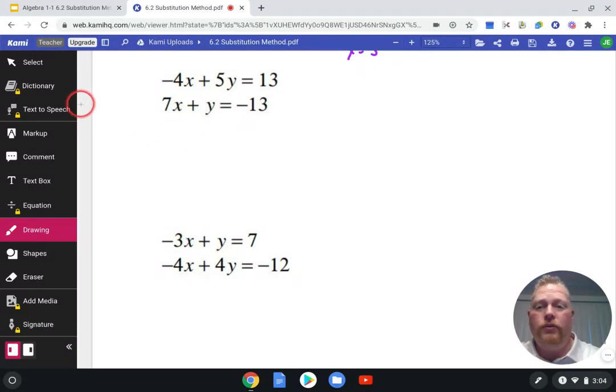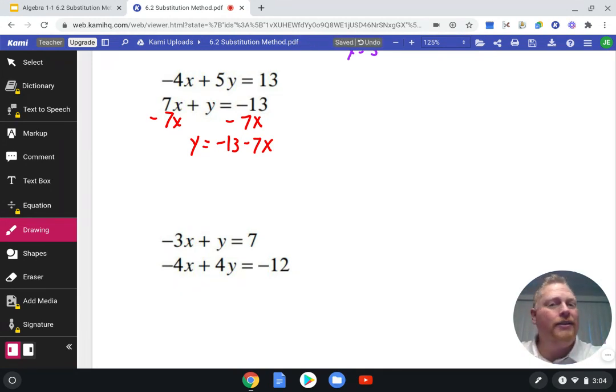So I'm going to subtract 7x from both sides. And so now I have y equals negative 13 minus 7x. Okay, so step 1 is done. I got a variable by itself. Again, it doesn't matter which variable you choose, but I recommend choosing the easiest one, and that's the one without a coefficient.